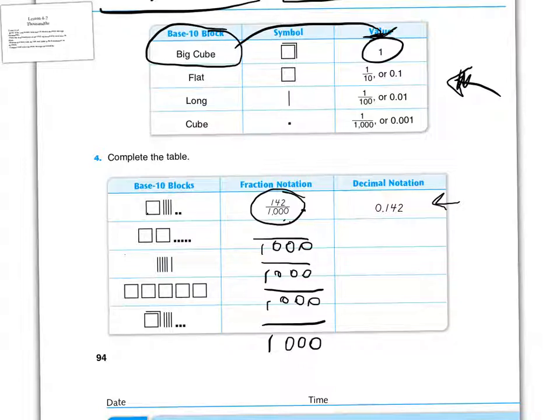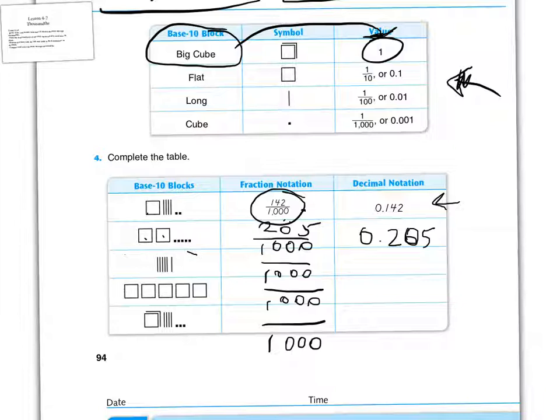Next one, let's do 2 flats, which is 200, and then we have 5 cubes. So we have 205 thousandths, which would look like that as a decimal.